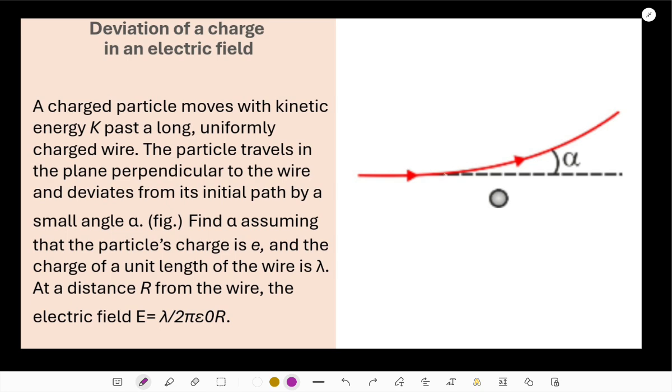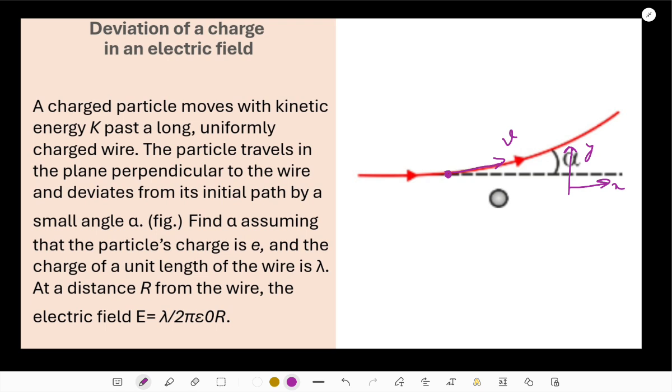Thinking that at this moment, when it started deflecting, its velocity is v, I will take an x-axis like this and y-axis like this, with the x-axis along the line of motion of the charge and the y-axis perpendicular to it.